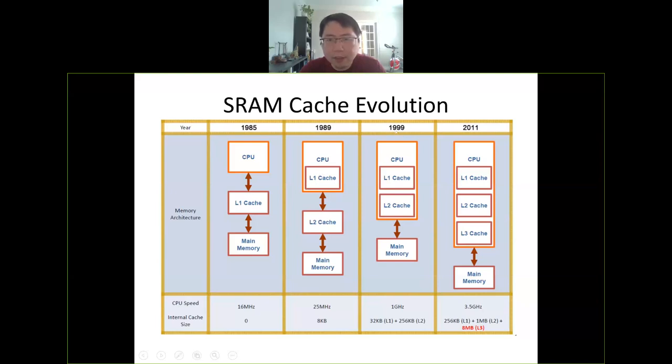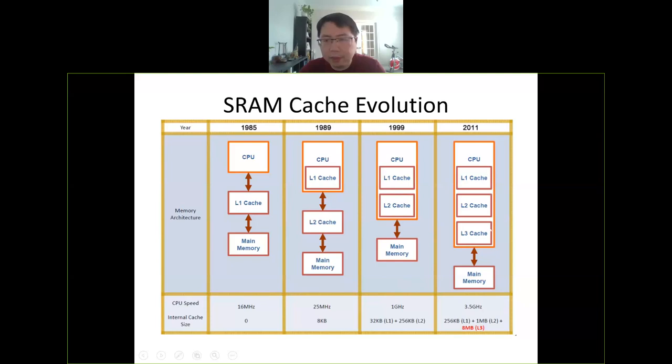And then in 1999, all the caches are on chip, and at that time, typically we have a two-level cache, L1 and L2, and the clock frequency increased to 1 gigahertz, with level 1 cache at 32 kilobytes and level 2 cache at 256 kilobytes.